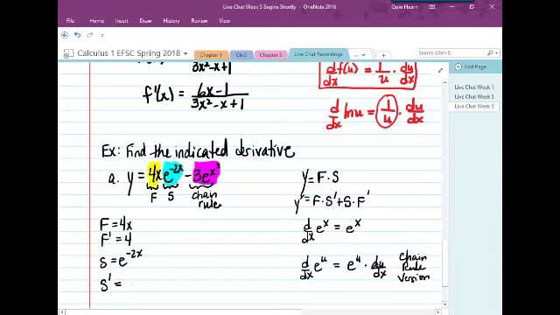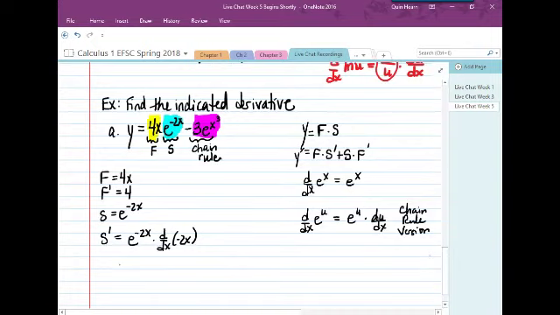So we're going to take the derivative of that. The derivative of e to a power is just e to that power, times the derivative with respect to x of whatever that was. So that would be the derivative of negative 2x, which is just negative 2. So the derivative of this second function is negative 2 e to the negative 2x.